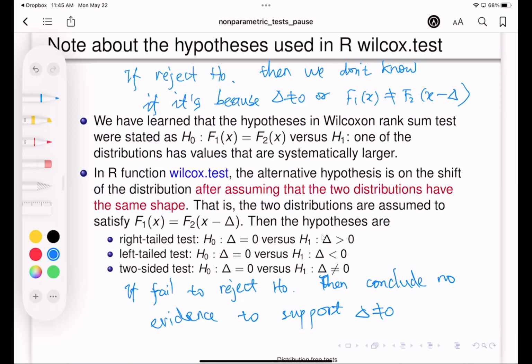So if you reject it, you cannot really conclude that the shift is not equal to 0. If we reject the null hypothesis, we can only say that the two CDFs are different. We cannot really say that the shift is not equal to 0.